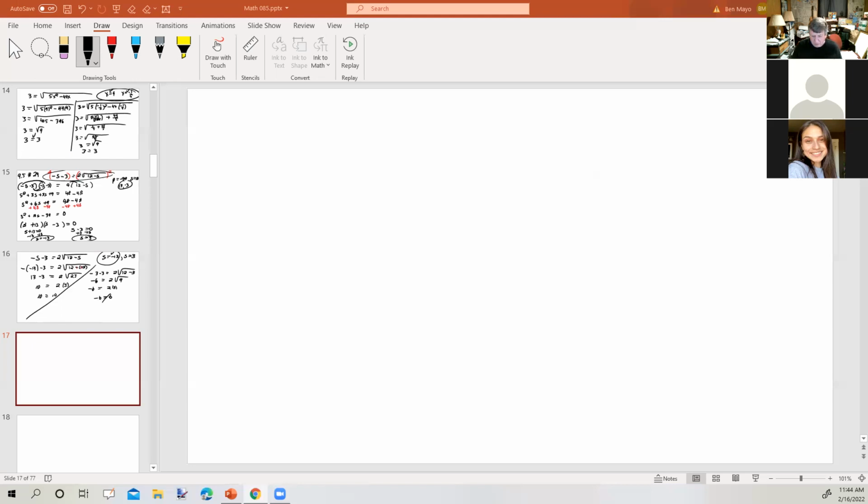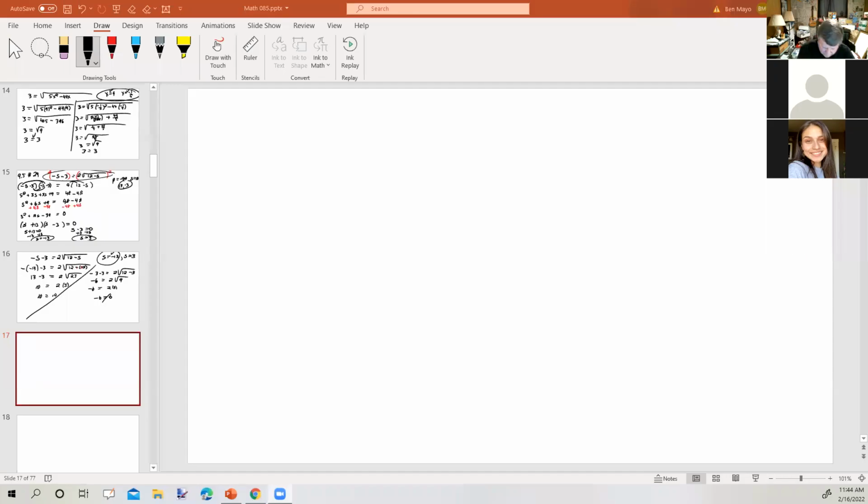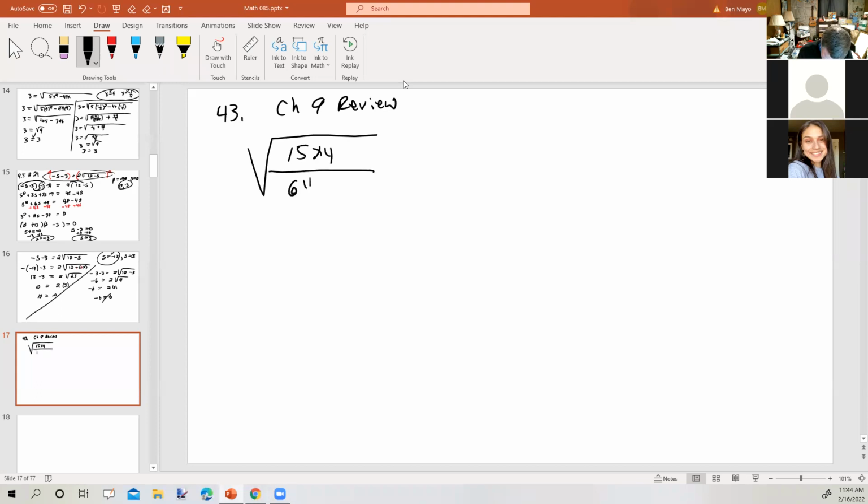Okay, so 43. Again, this is from the chapter 9 review. Simplify the expression. All variables represent positive real numbers. I see already what happened. So you've got this, which is the square root of 15xy over 64a to the 4th.